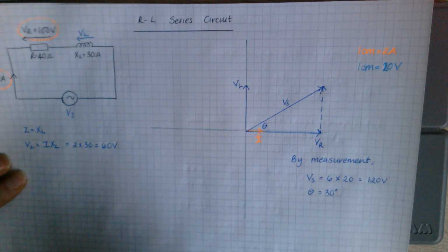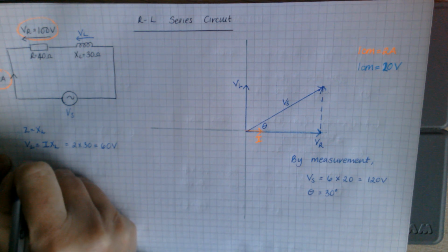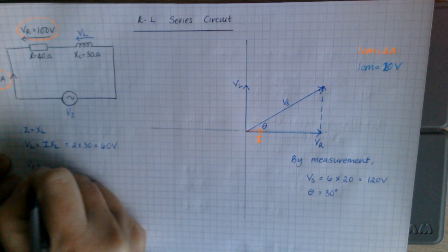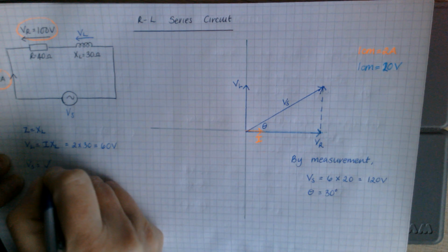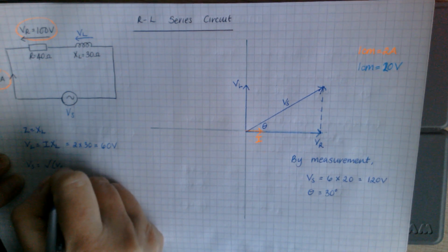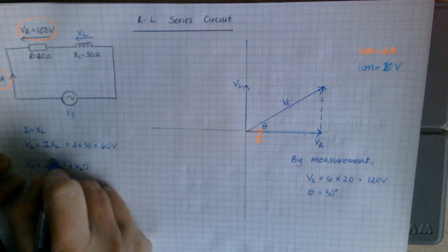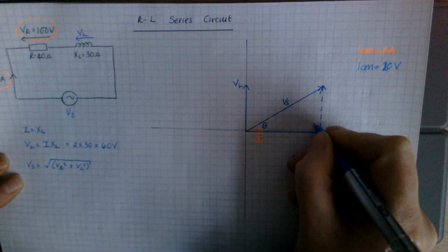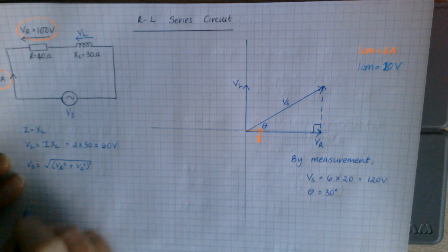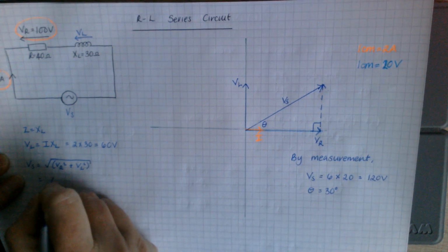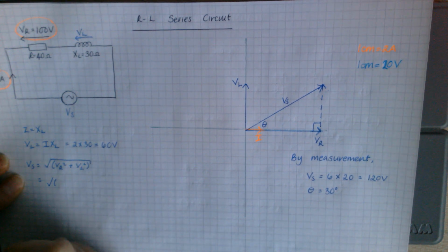But looking at this, let's check. So if I use Pythagoras' theorem, to get VS, I should be able to do the square root of VR squared plus VL squared. It's a right angle triangle. There's the right angle there. So that should work. Now I'm not expecting it to be exactly the same.